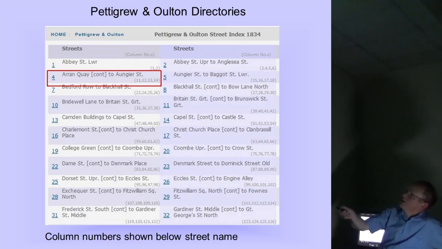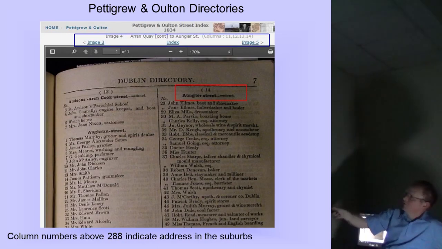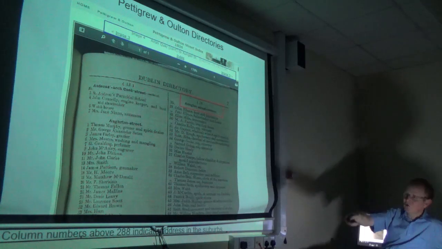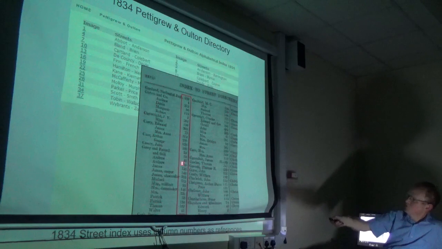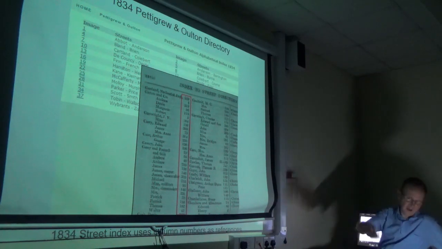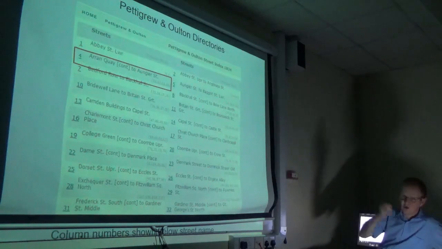You go to the street listings and you'll see those numbers. They're actually column numbers. So you see, well, 14 is the second half of Ainger Street. So that's the number you would see on somebody on Ainger Street. If you went back here, you would see 14 is a column number, not a page number. So it's a pretty strange indexing system, which they revised very quickly.